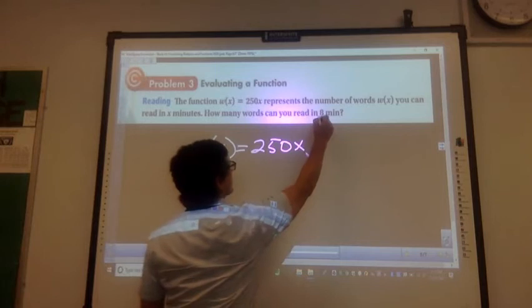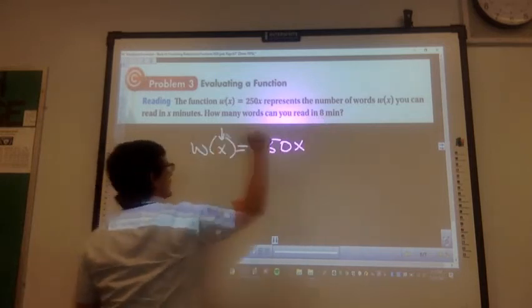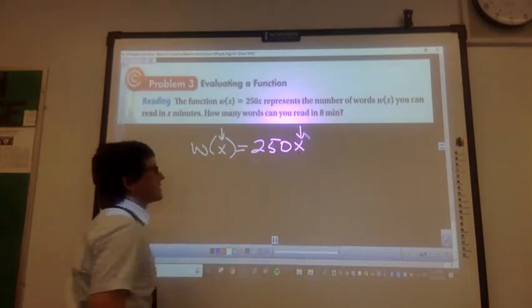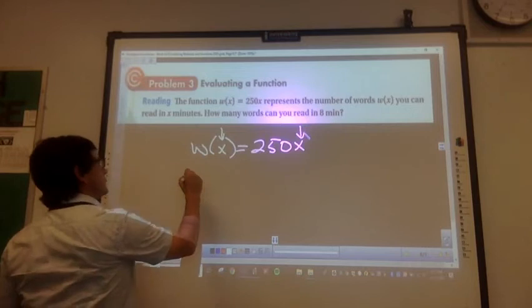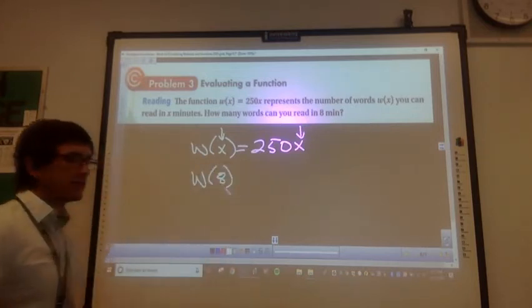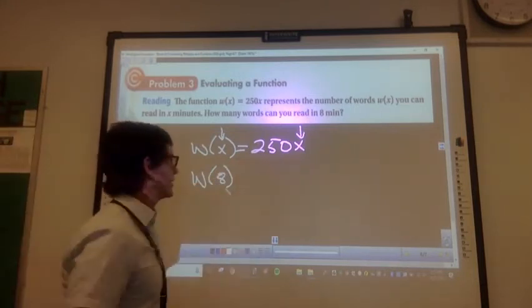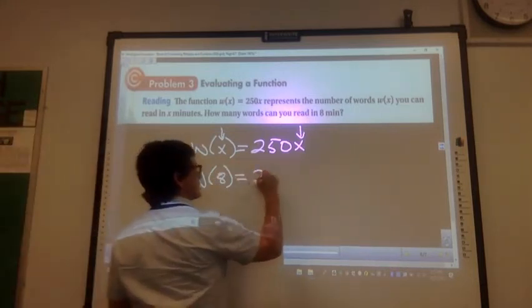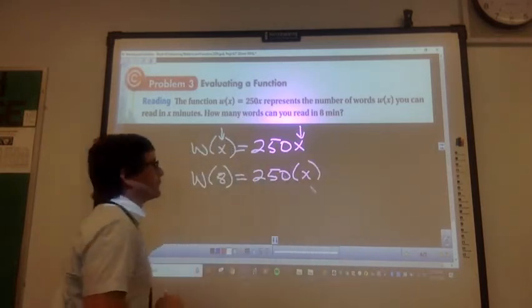and all we're doing is taking this 8 right here and plugging it in for this x and this x. So remember, on the left side, no math allowed. All that this function notation is saying is if we plug in 8, what answer do we get over here? The only way to determine that is by plugging in.